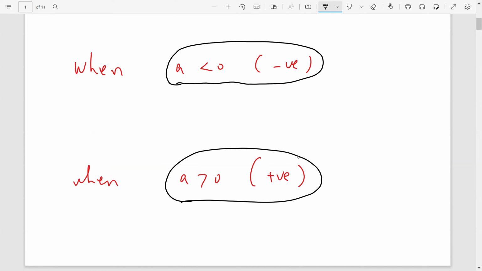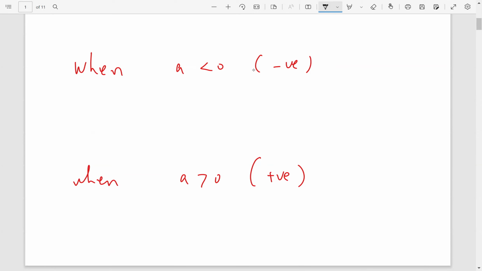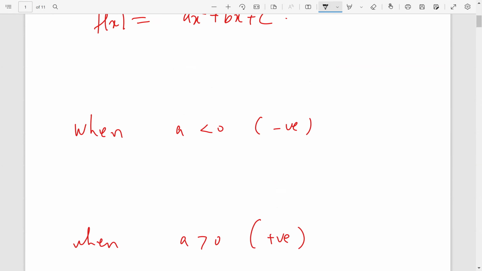If it is less than 0, in this case we are going to have y maximum. So the turning point is going to be the maximum point, and the nature of the graph is going to be something like that. Mind you, the turning point is the point where you have the maximum value in this case.